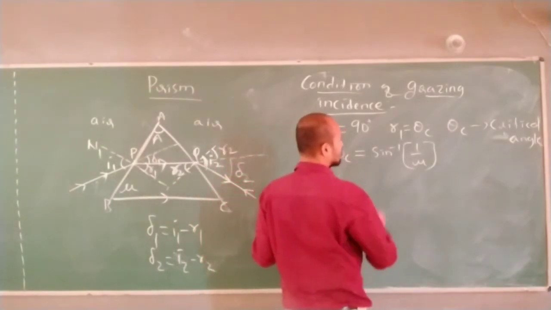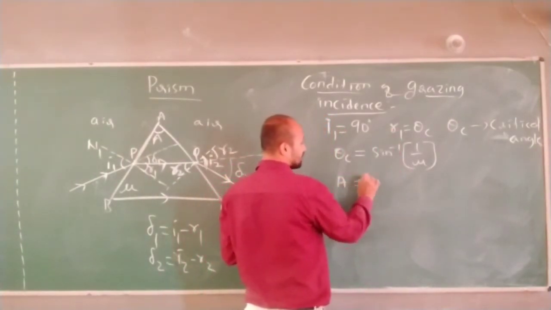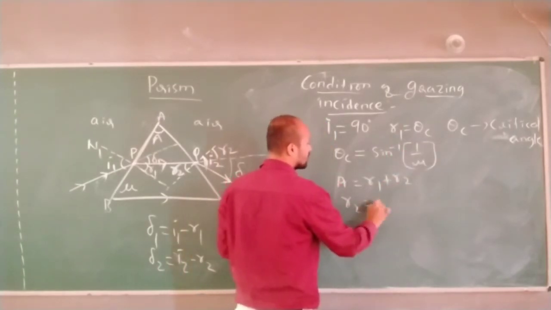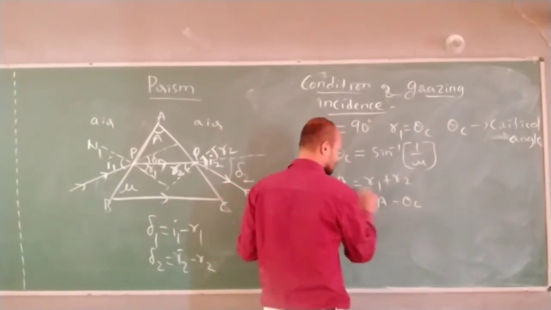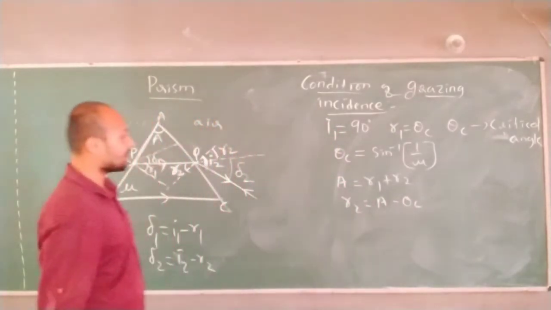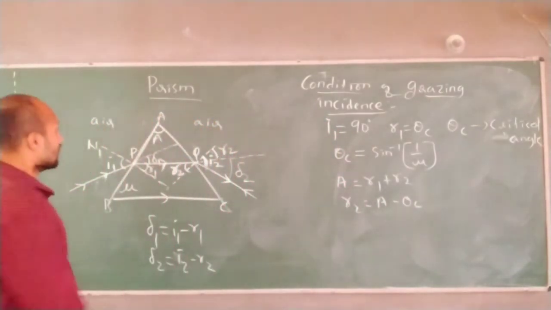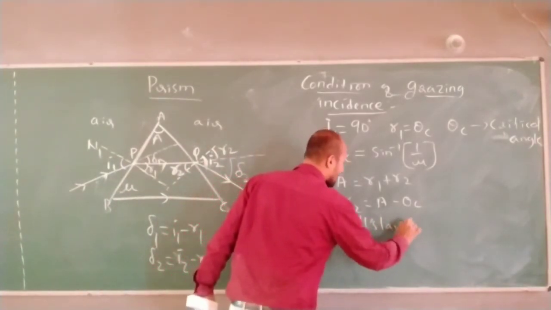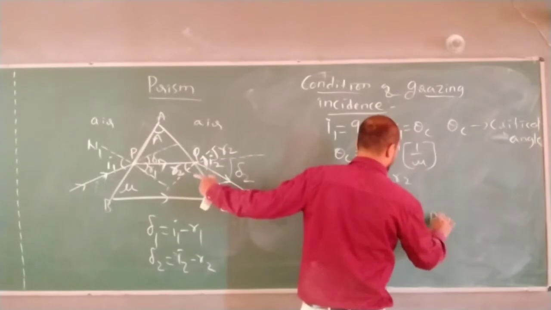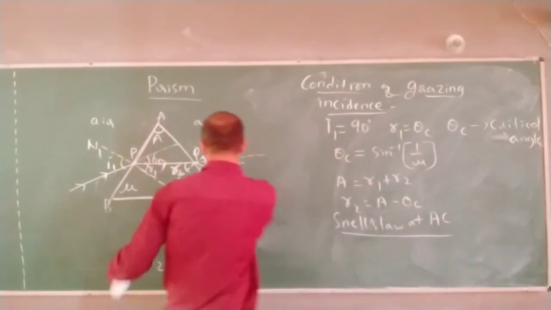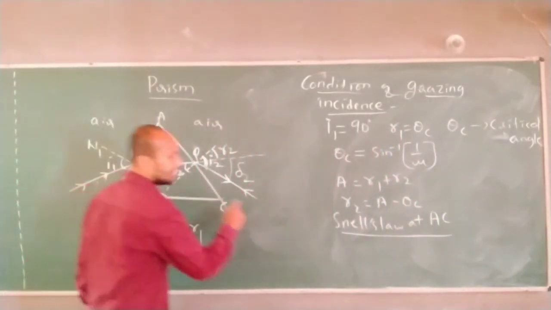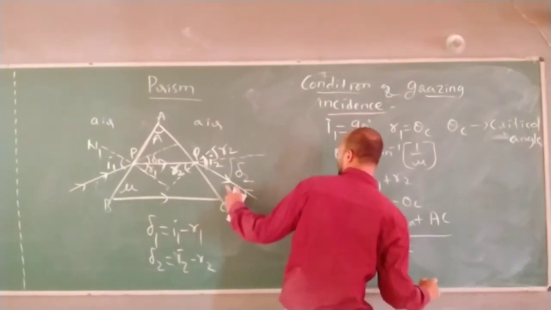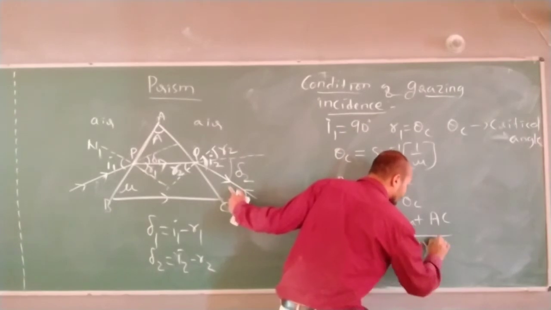This is one expression. Then from the angle R1 plus R2 equals A, R1 is theta C, so R2 will become A minus theta C. Correct? Now apply Snell's law at the AC surface: mu into sine R2 will be equal to 1 into sine I2.